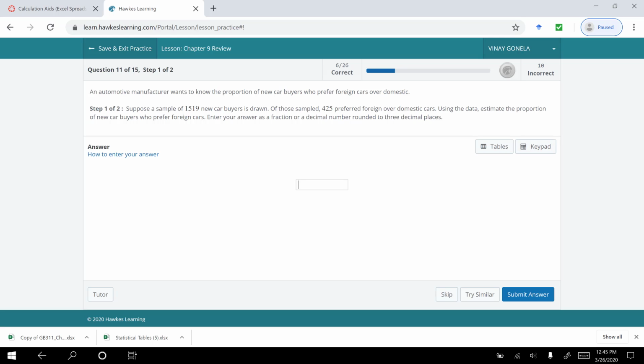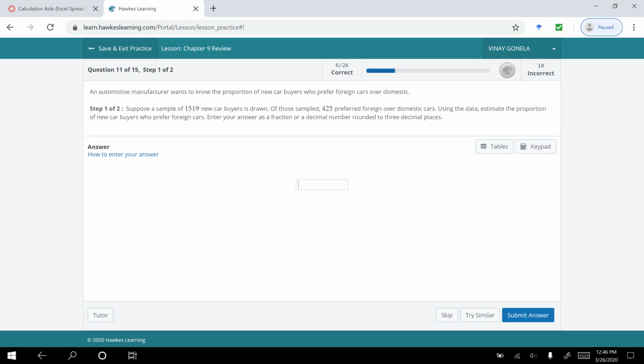Using the data, estimate the proportion of new car buyers who prefer foreign cars. Usually they might change the problem, and instead of foreign cars they might say domestic cars. So we will do both ways and see how the results will impact.